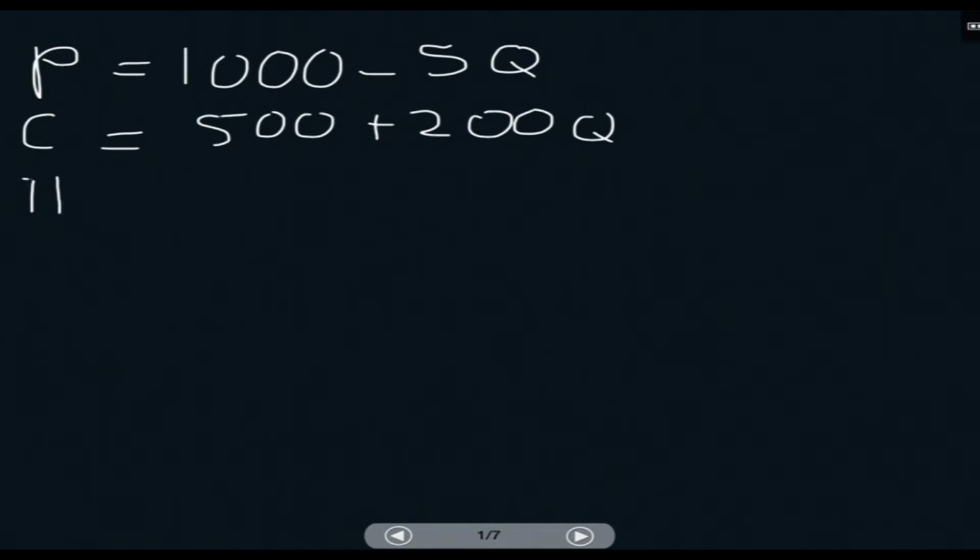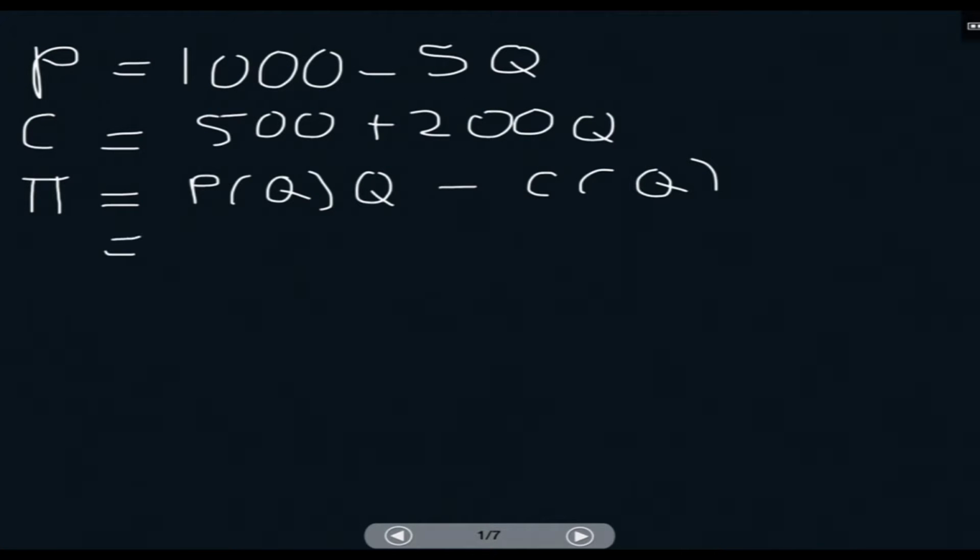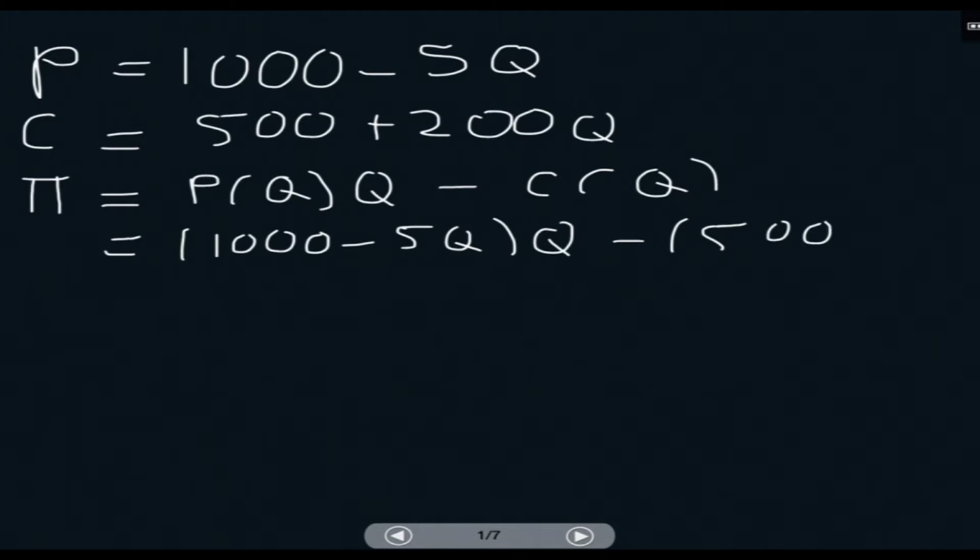I'm going to write that as a pi. So recall that profit is simply revenue minus cost. And subbing in what we know, so our demand equation times our Q minus our cost equation.